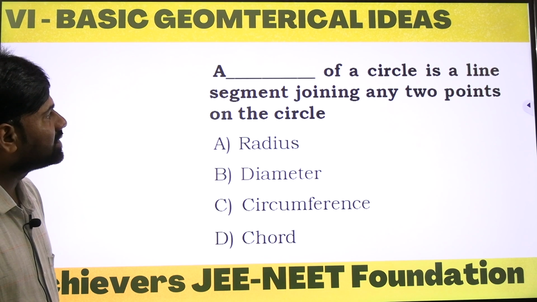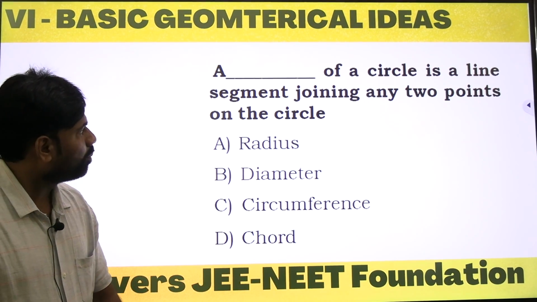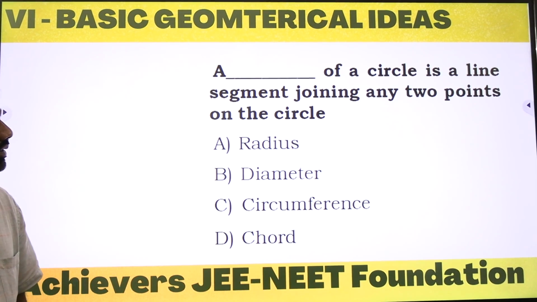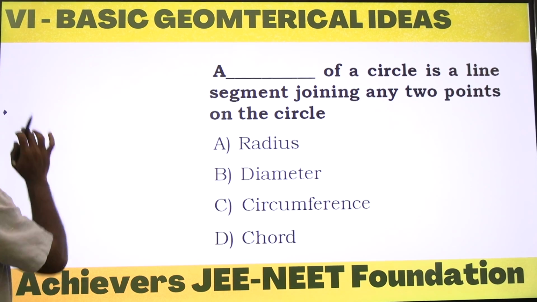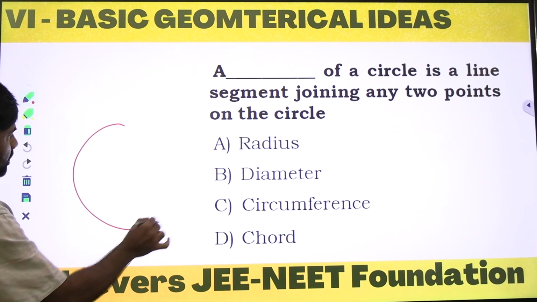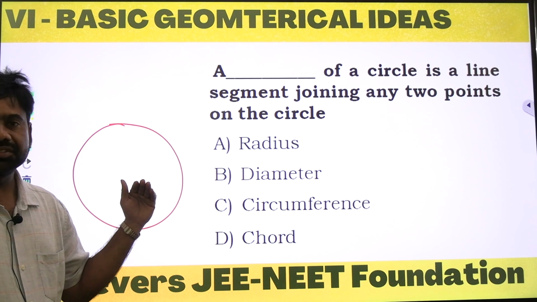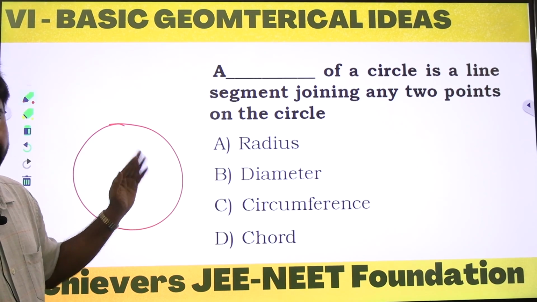Let us go for next question. A dash of a circle is a line segment joining any 2 points on the circle. Let us draw a circle first. This is a circle. A circle is nothing but the set of all the points which are equidistant from a fixed point.